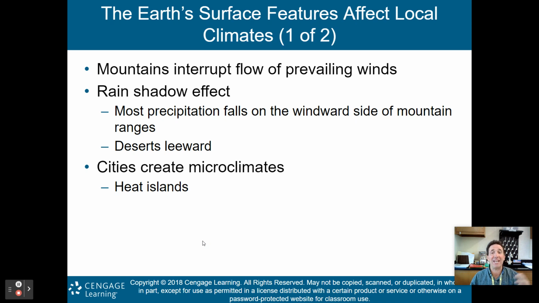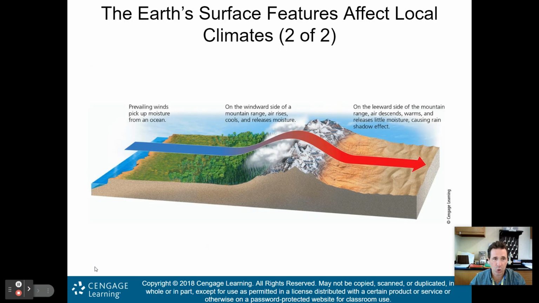In addition, cities can also have a microclimate, heat islands, for instance. So New York City is always a couple of degrees warmer than we are here in Ardsley. Why? Because New York City is made mainly of concrete, which holds the solar radiation better than grass does. Grass allows that solar radiation to be released out into space, and that's why it's usually a bit colder here in Ardsley than it is down in New York City.